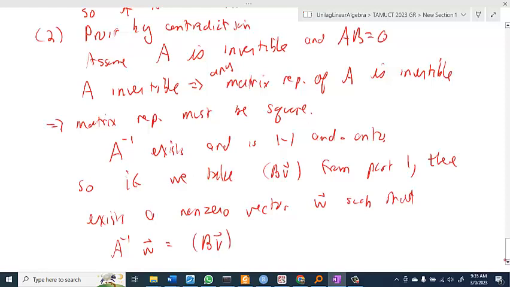And if I apply A to both sides, W is equal to A of BV.